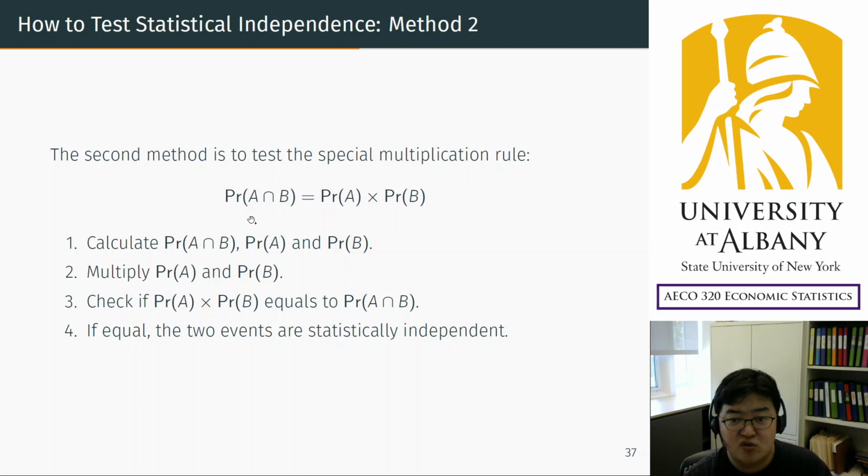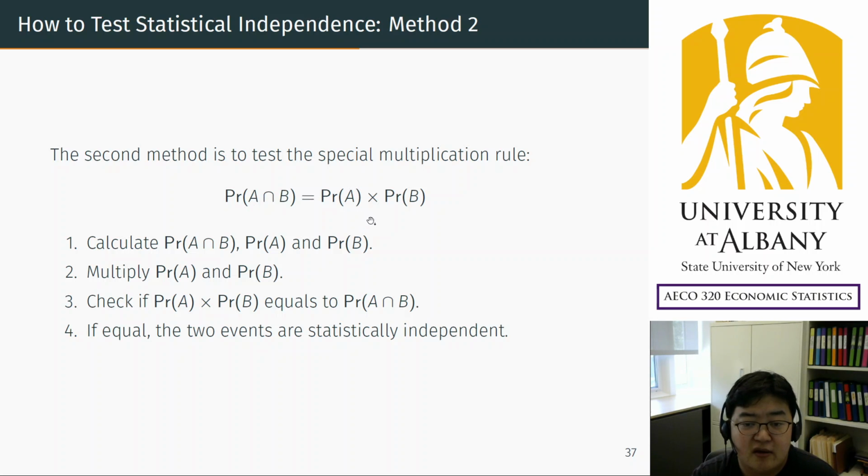And in here, we have to calculate this probability, and this probability, and this probability. You need three probabilities to prove this equality. But still, this approach may be easier than method 1, depending on how data and information are given.